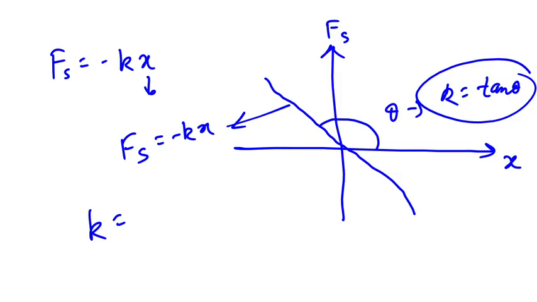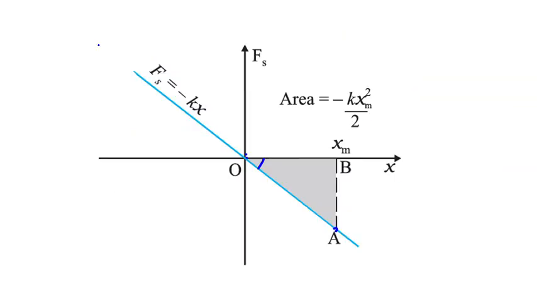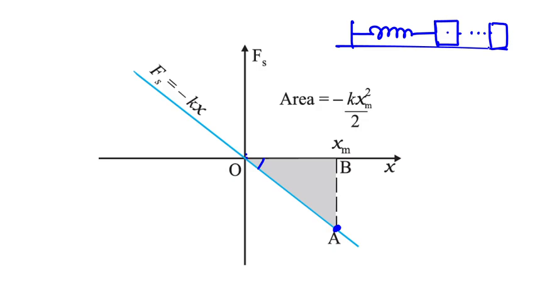Okay, let me take an already plotted graph so that it will be more clear. Here, Fs equals minus kx. And let's take a point on this graph. Let's say this is point A, where the displacement, although not necessarily, but in this particular case, let's take the displacement to be maximum, which we have denoted here with xm.